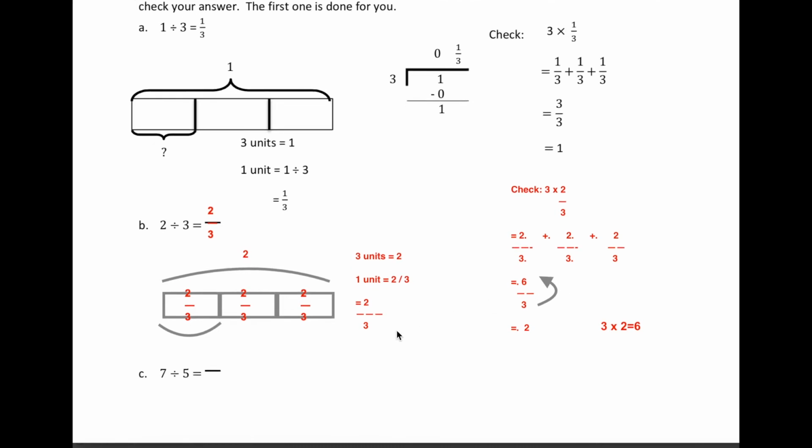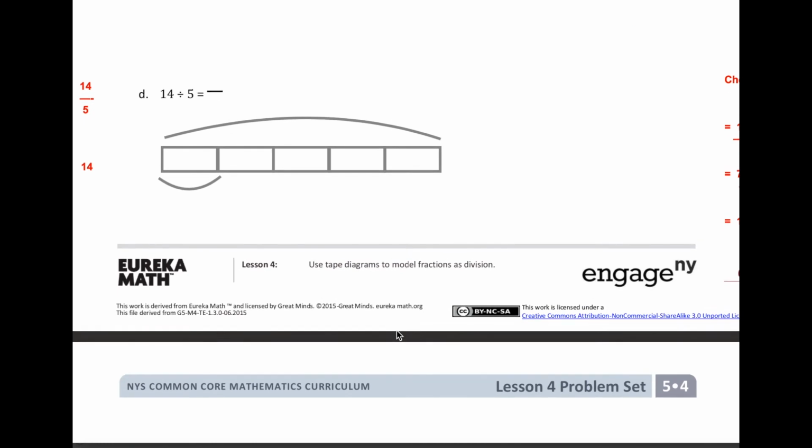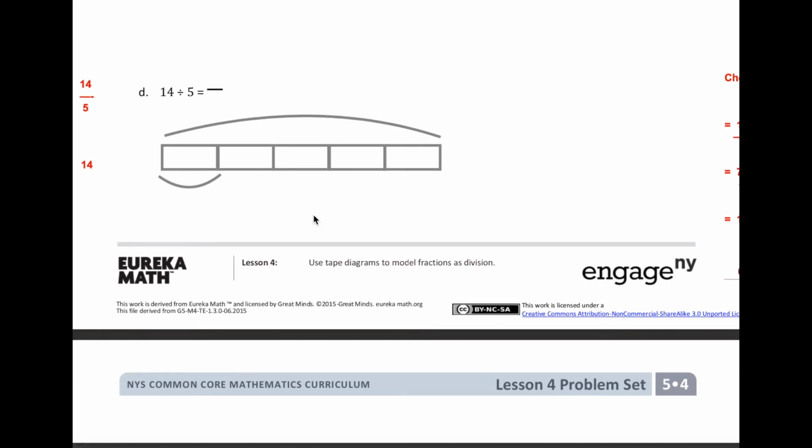Let's move on to letter D. All right? Now, remember, we draw the tape diagram first. The second number tells you how many boxes, how many units to make. So according to this second number, how many units or boxes should I have?